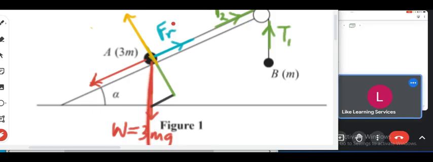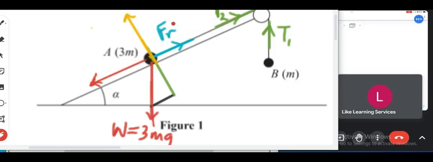The weight is not aligned to the plane of the motion. This thing I'm tracing with my laser, is it showing at your end? Please confirm. It is, I can see it.